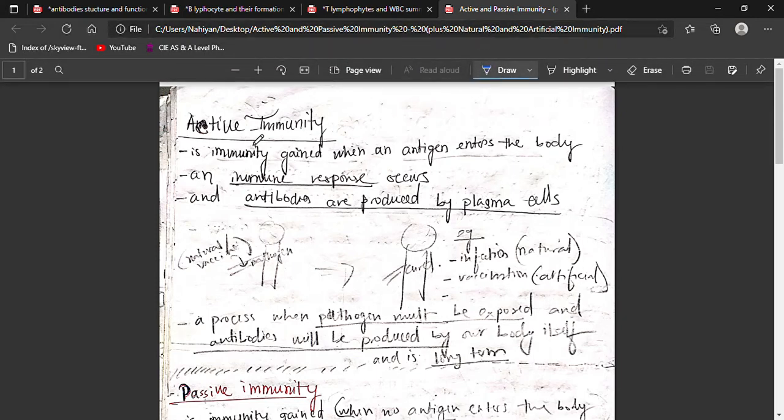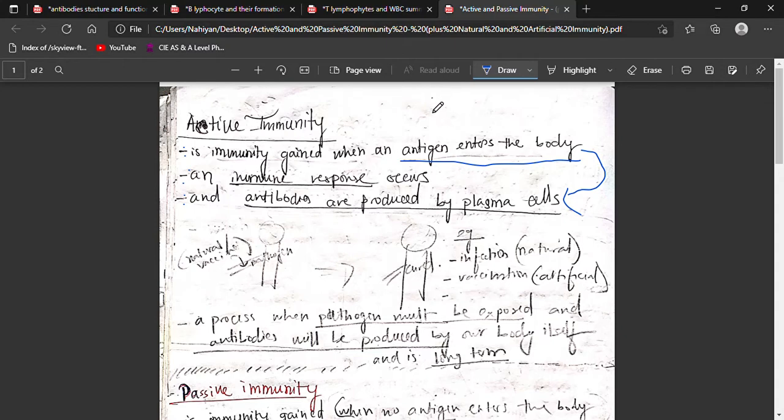So the first one is the active immune system. I've divided it into three subpoints. First of all, it's immunity gained when an antigen enters the body. So an antigen must be present, which involves the production of antibodies itself. The WBC has to produce antibodies for the antigen.